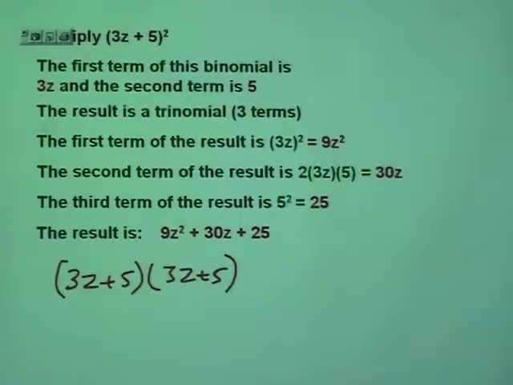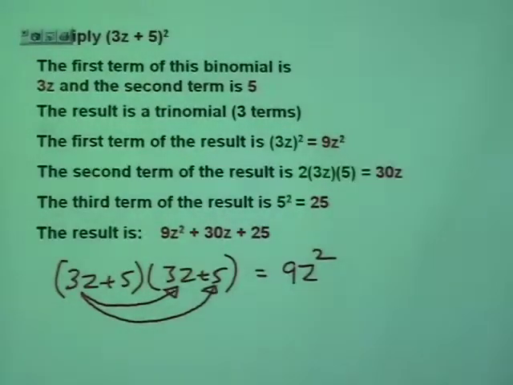What do we do? First multiply 3z with 3z. What is 3z multiplied by 3z? Equal to 9z squared. Then multiply the 3z with the positive 5.